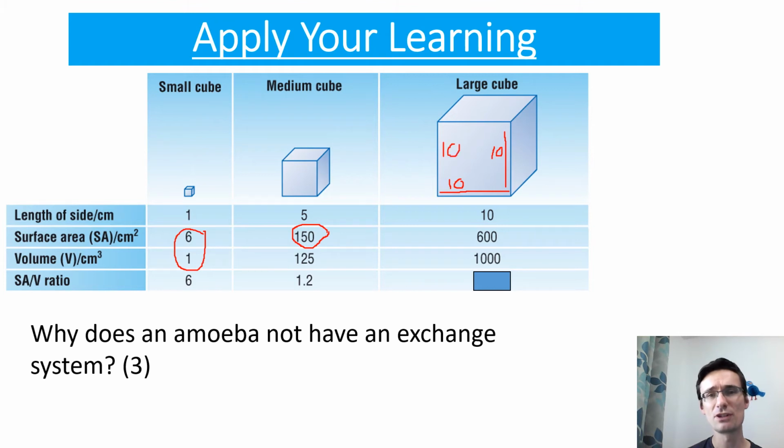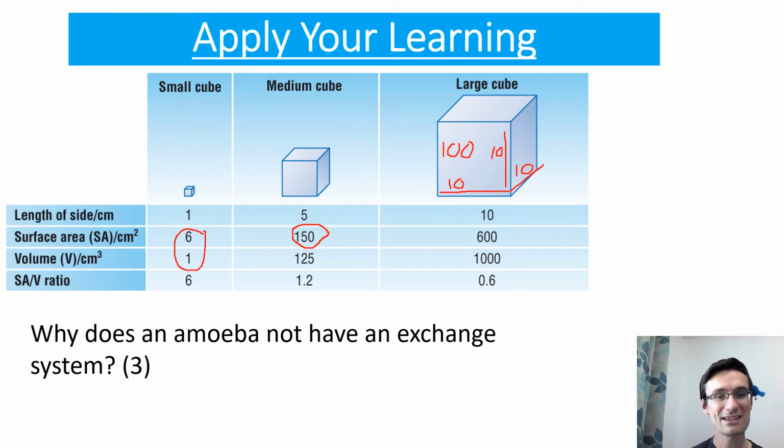But obviously you've also got 5 other sides, so that will be a total surface area of 600. The volume will be 10 along the bottom, 10 upwards of height, and then another 10 here. So 10 cubed, 10 times 10 times 10, which equals 1,000. So you do 600 divided by 1,000, which gives you a surface area to volume ratio of 0.6.